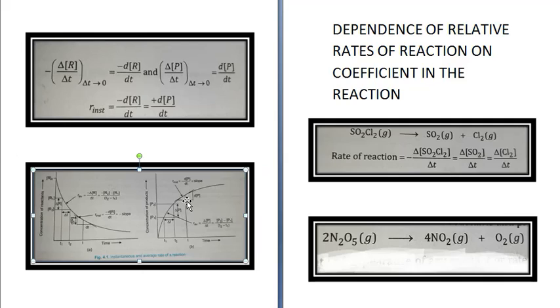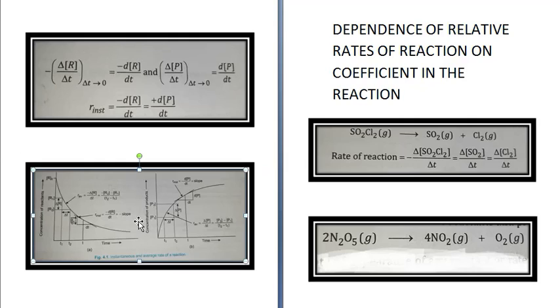Now the average rate of reaction can be calculated from the formula minus delta R upon delta T, which is equal to minus R2 minus R1 upon T2 minus T1. And instantaneous rate can be calculated: R instantaneous is equal to minus dR upon dt, which is equal to minus slope.